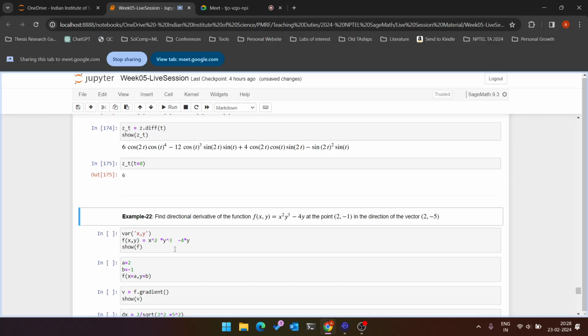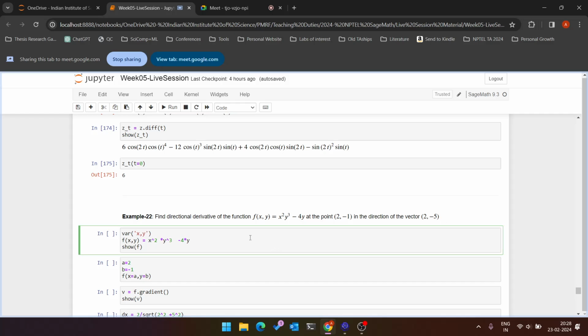Next example that we have is one on the concept of directional derivatives. So we have f of xy defined as x square y cube minus 4y for a point 2 comma minus 1, and we want to evaluate the directional derivative at this point in the direction 2 comma minus 1.